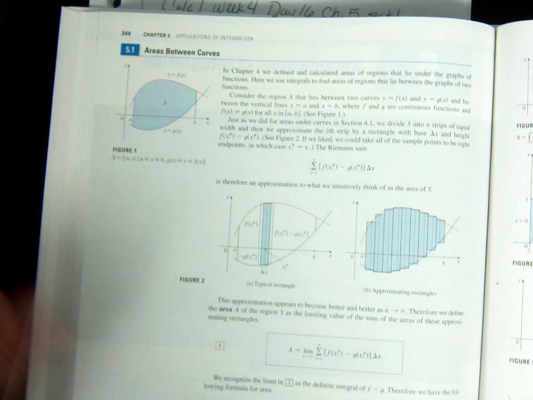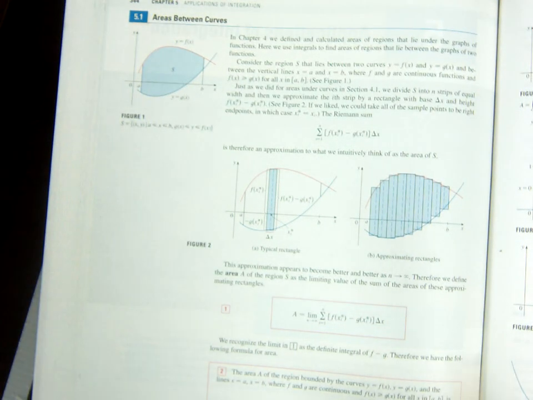The smaller and the more rectangles you have, the more accurate you can be. So that would take us to a limit as n approaches infinity of the sum from 1 to n, number of rectangles, of the first function minus the second function, and that will give you the area between the two.